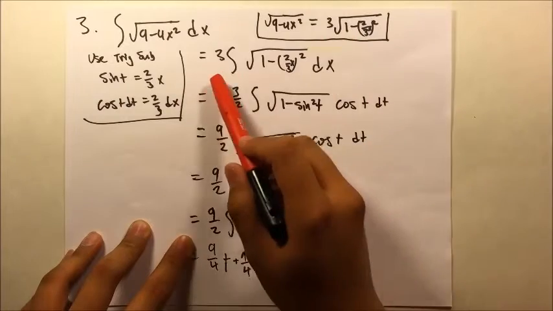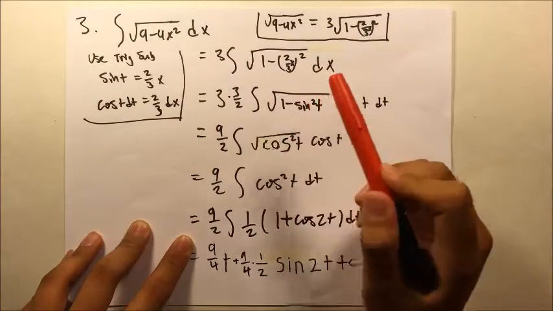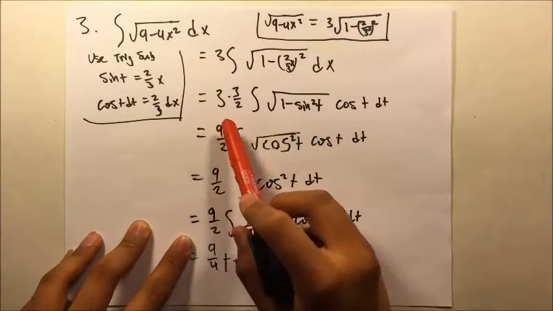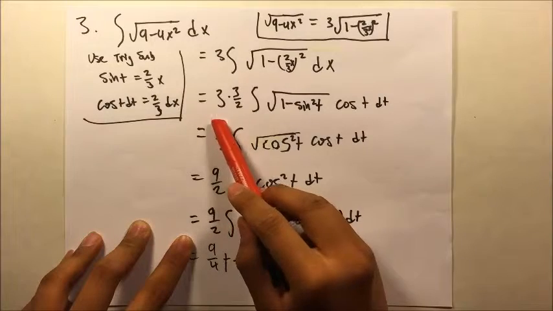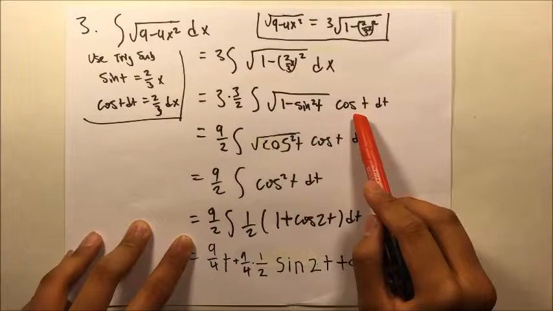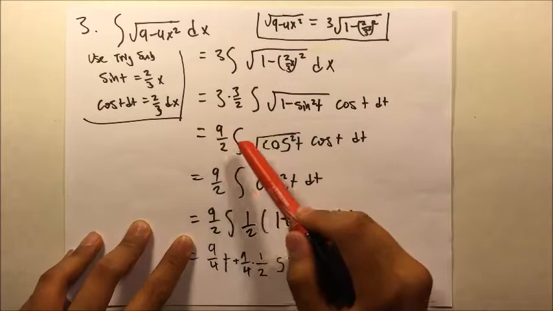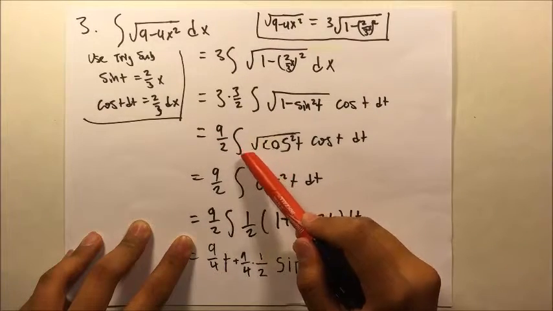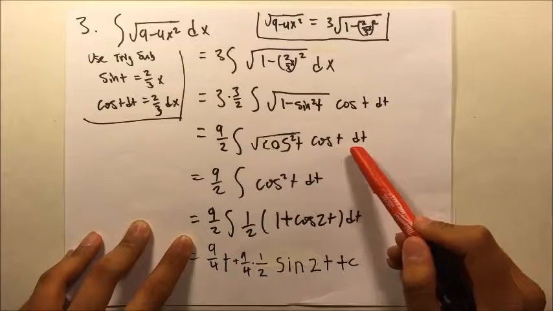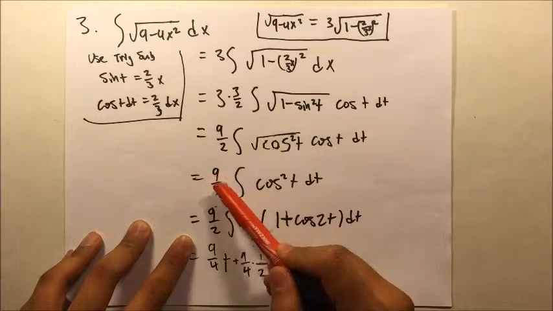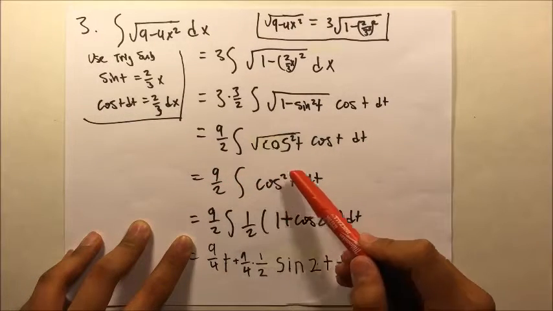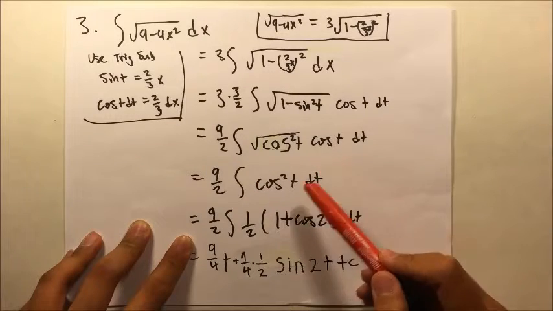So here we have this, we have brought it down here, and after we plug in the trig substitutions, we have this right here, and using our trig identities, it becomes 9/2 times the integral of root cosine squared t times cosine t dt, which is just 9/2 times the integral of cosine squared t dt.